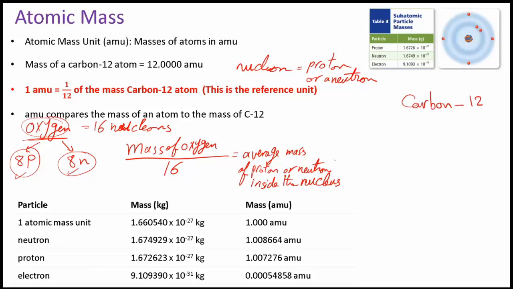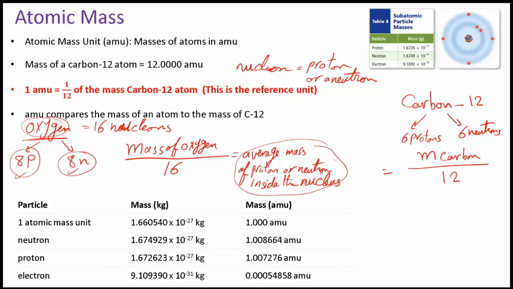And they used carbon 12. What's carbon 12? It's an atom. Its nucleus has 12 nucleons, 6 protons and 6 neutrons. So they said we will measure the mass of this carbon and divide this mass over 12. So this gives us what? It also gives us the average mass of a nucleon, proton or neutron, inside the nucleus of carbon 12.